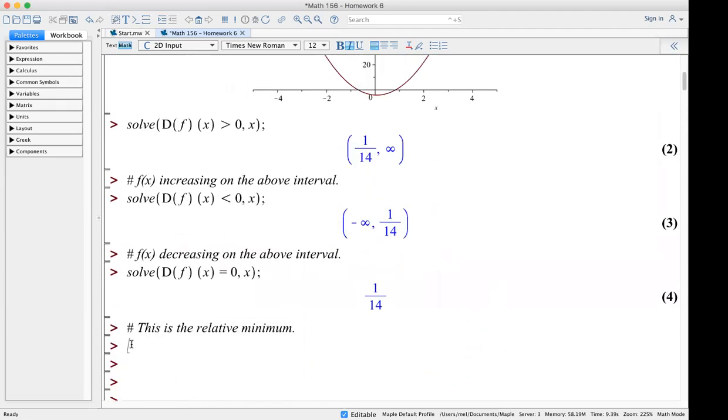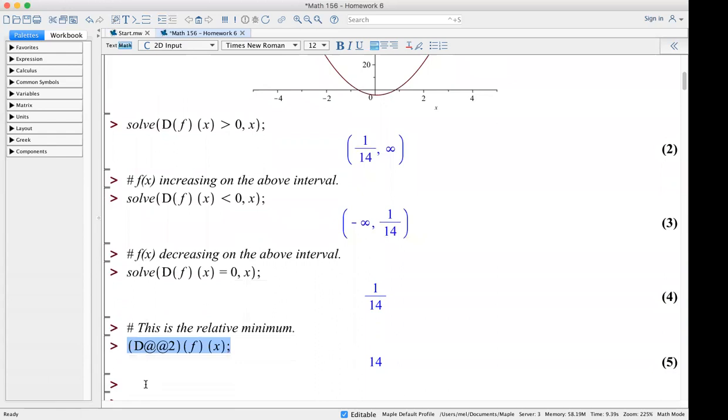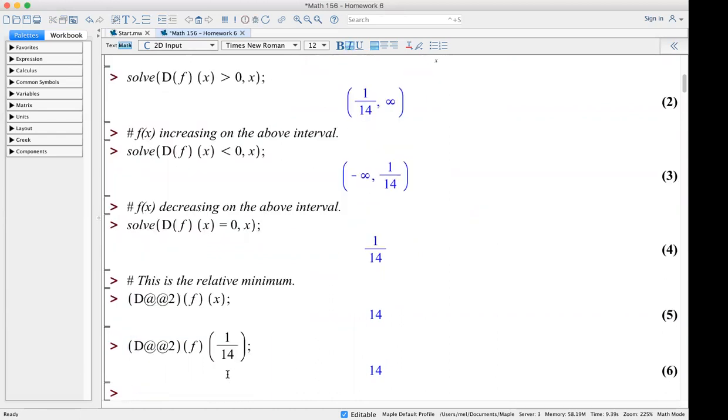If we want to double check, the second derivative of the function is just 14. So if we were to evaluate the second derivative at 1/14, of course, we would get 14.